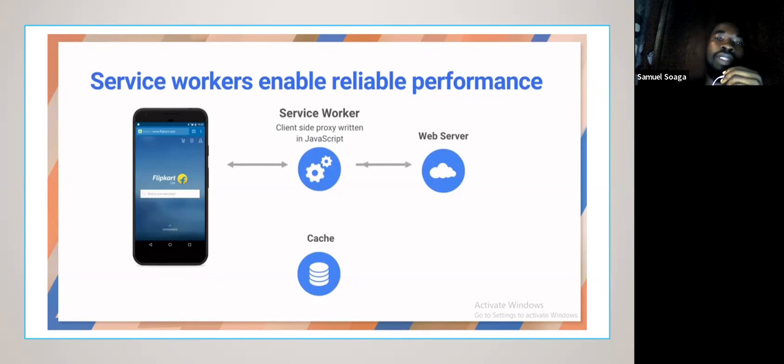It also handles push notifications, offline access, and access to device features. So the service worker enables reliable performance. Even when there is bad internet or no internet, progressive web apps can function just like native mobile apps do.